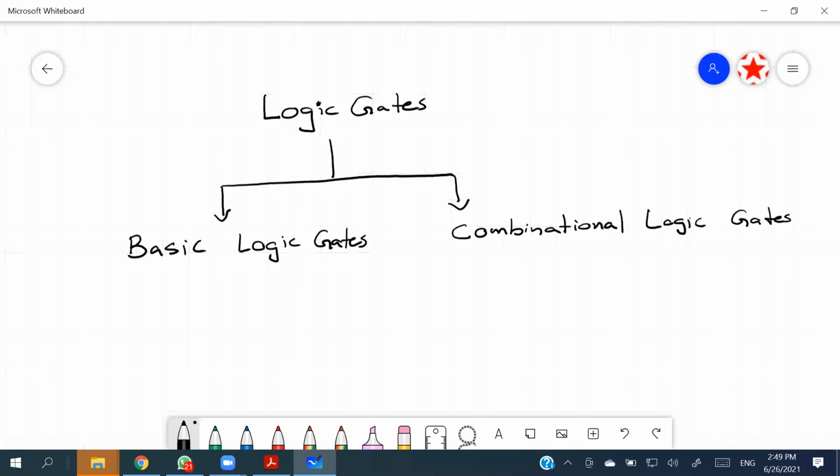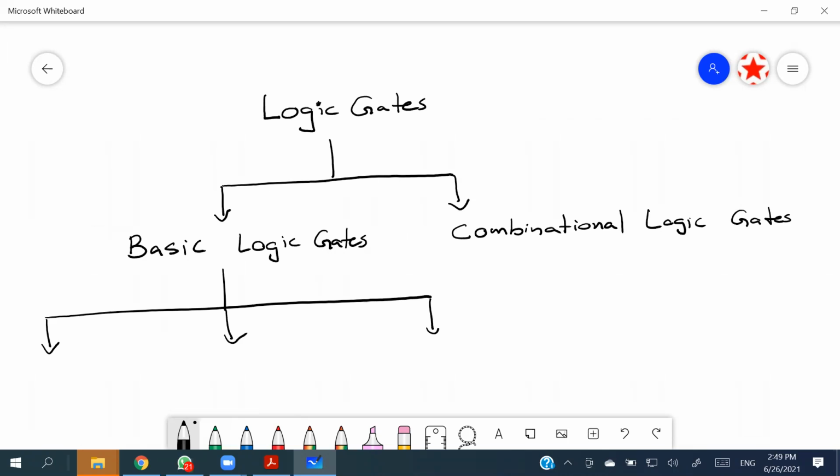Right, so basic logic gates later divide into three types. And as I told you before, they have some funny names. What are these funny names?